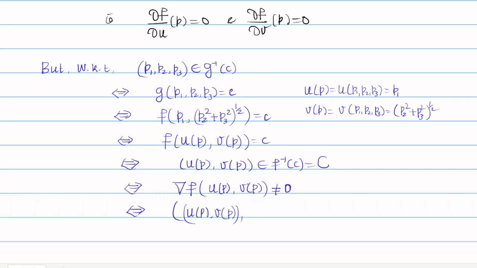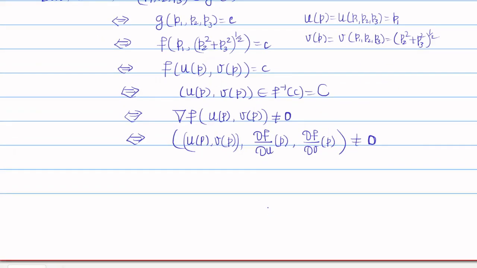This I may write in this way, that is dou f divided by dou u at the point p and dou f divided by dou v at the point p. Okay, this fellow is not equal to 0. But this implies that if and only if what we are having is dou f by dou u at the point p not equal to 0 and dou f by dou v at the point p not equal to 0. But which is a contradiction.